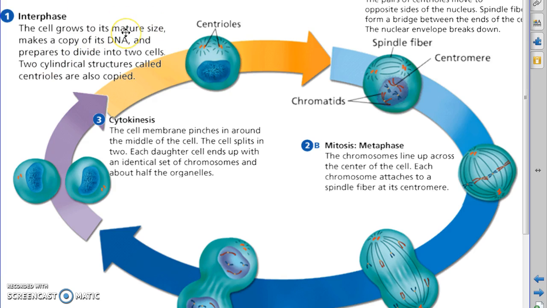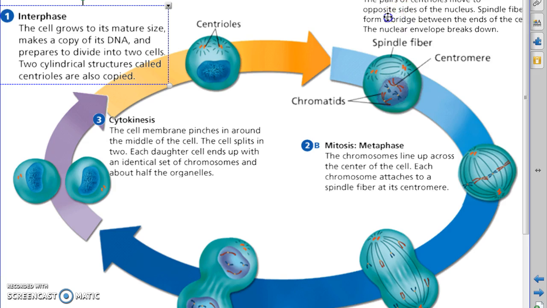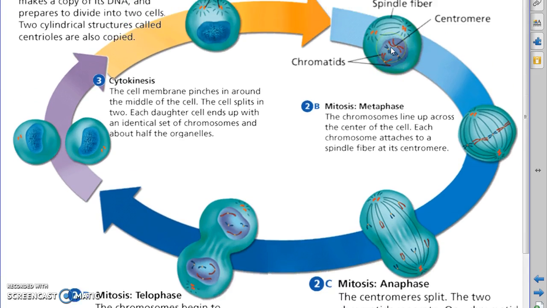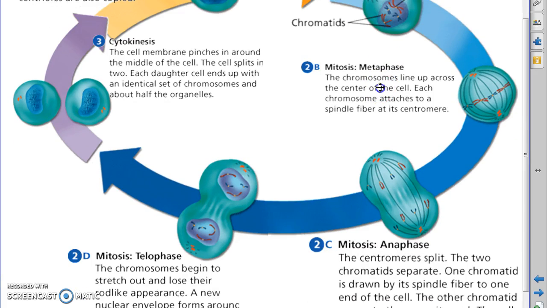So all of the organelles will have to be copied in addition to these organelles called centrioles. Okay, so that's interphase. Then we've got prophase. From there we go to metaphase.